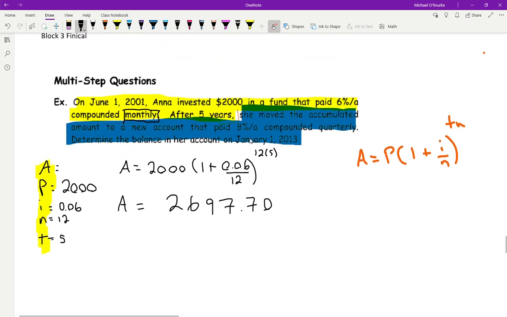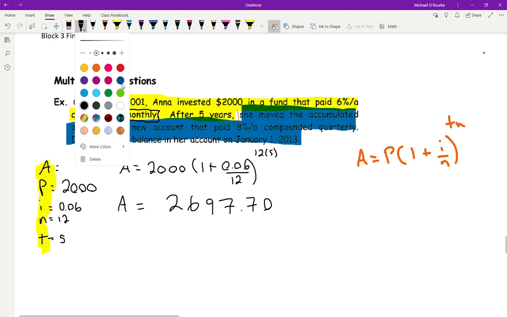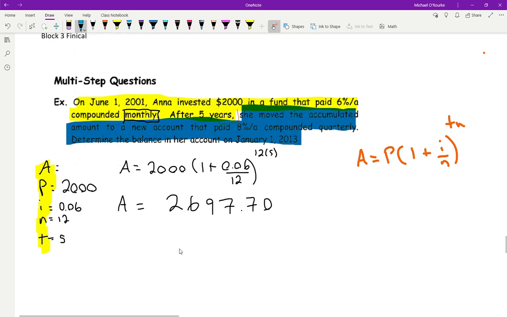Now, after those 5 years, she takes this money and invests in a new investment. So, can someone... So all we do is change the B to that number? Now we have different numbers here though, right?